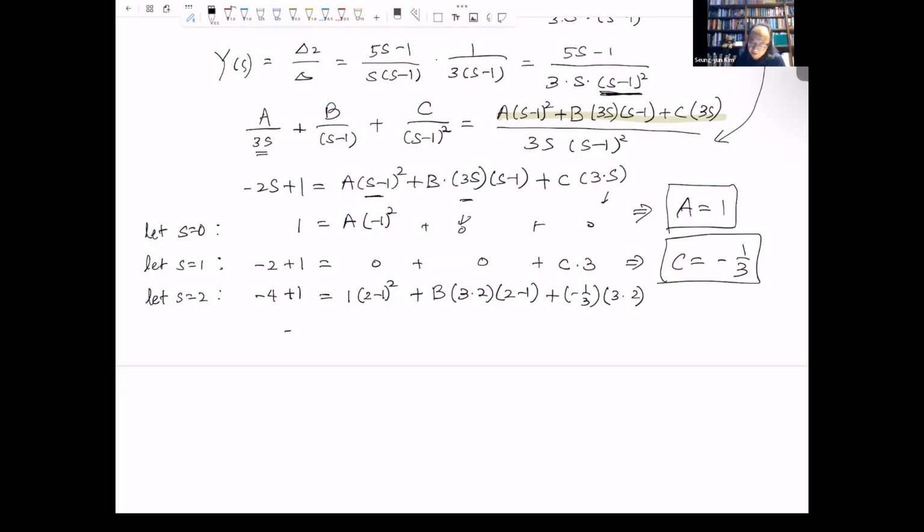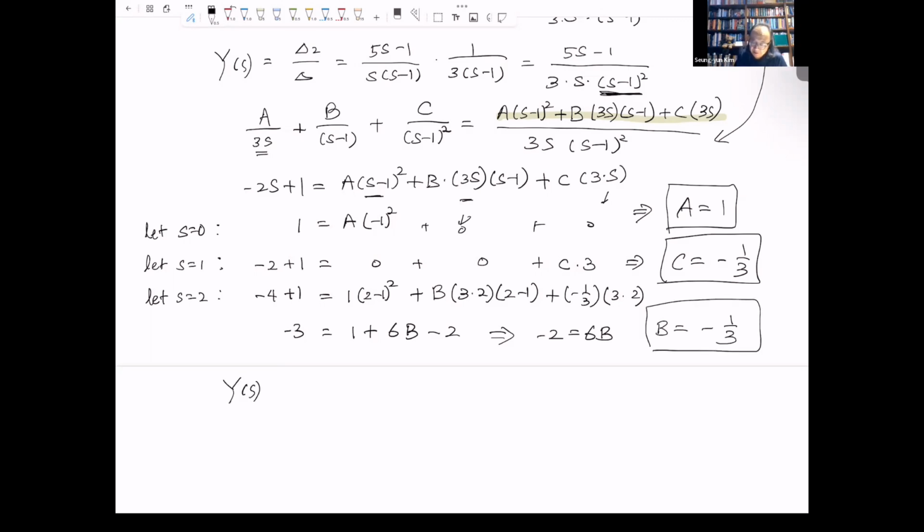So the left-hand side is negative 3. This is 1 plus 6B minus 2. 1 minus 2 is minus 1. Move it over. Negative 2 equals 6B, and B equals negative 1 over 3.